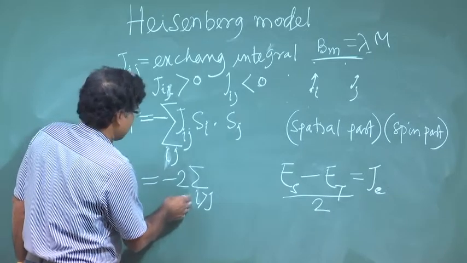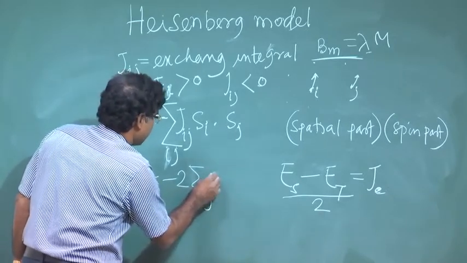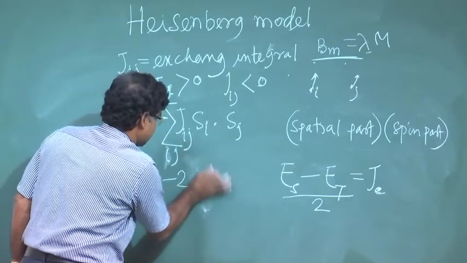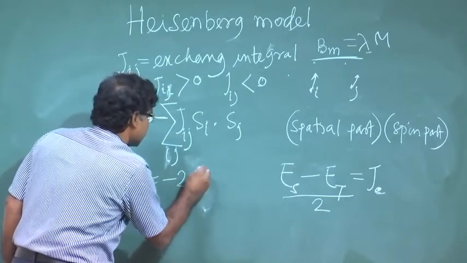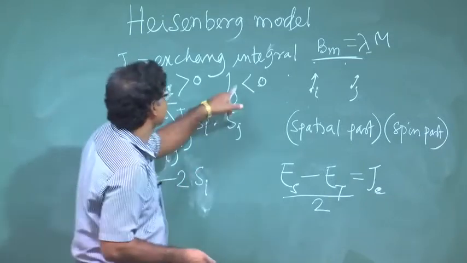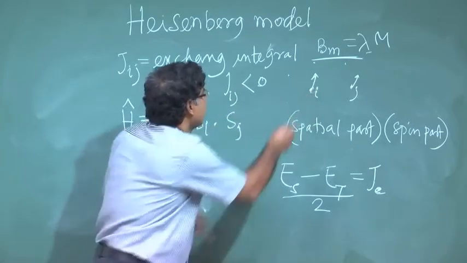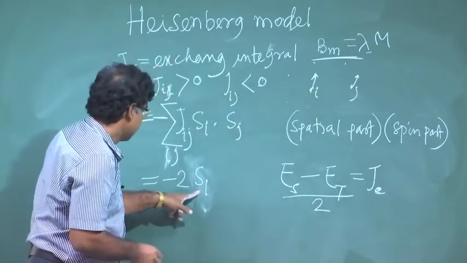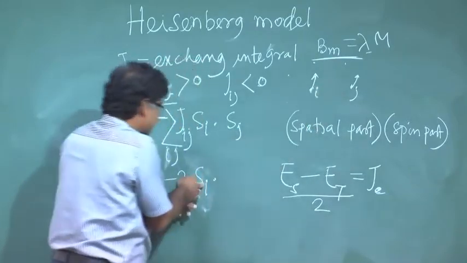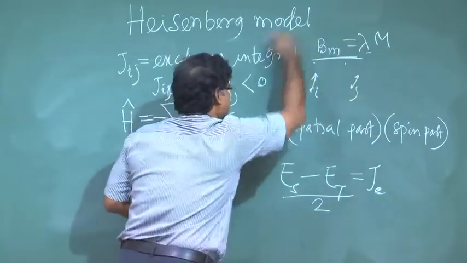So I can write this like this. Now you see I have spin S I, interacting with the rest of the part.